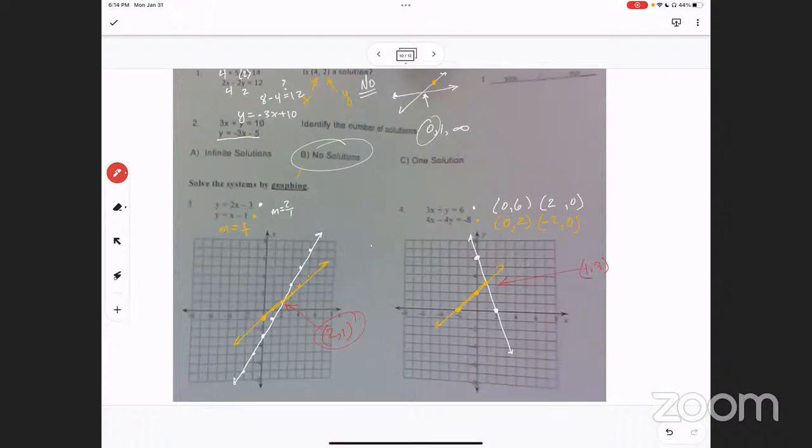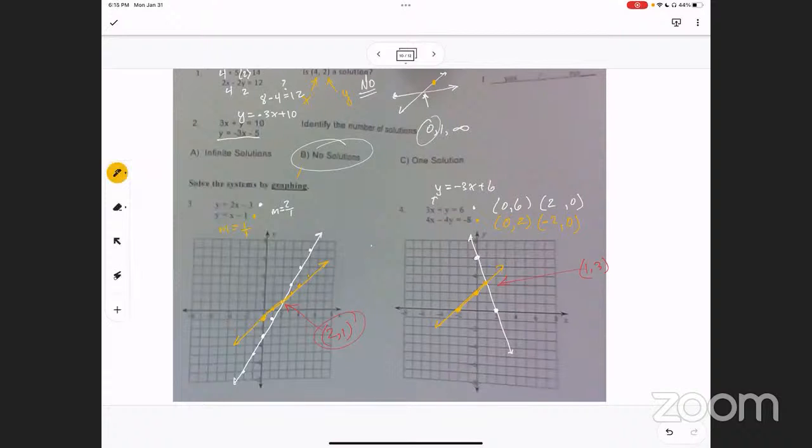Okay. Now, again, you could have done this problem by converting it to slope-intercept form. That would have been fine. If you were going to do that, just to show you, this would become y equals negative 3x plus 6. Not hard at all.